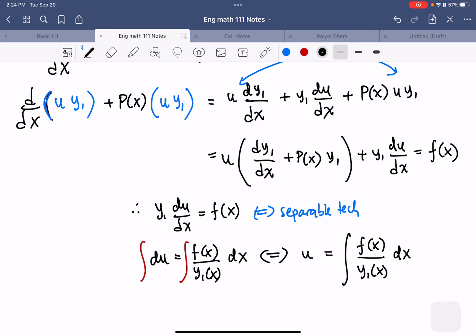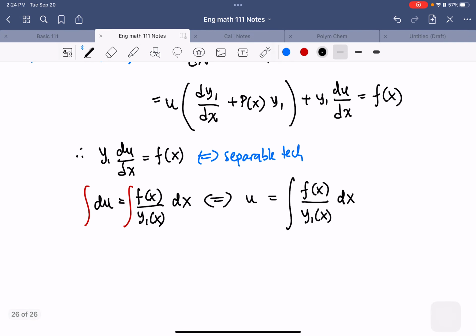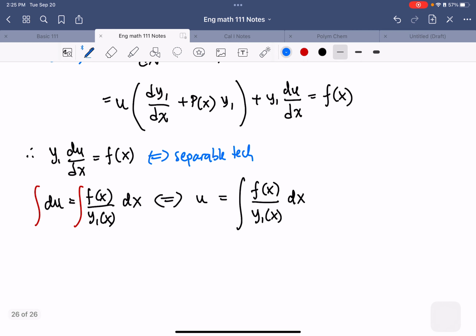Okay, and from the definitions we have at the top, this y1 is e to the power of negative integral px dx. If we take the 1 over y1, this will be positive.